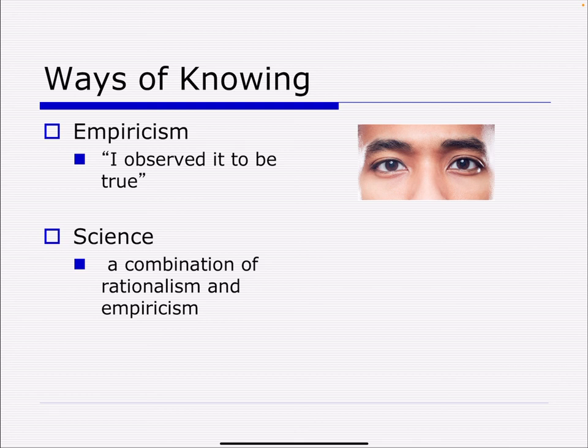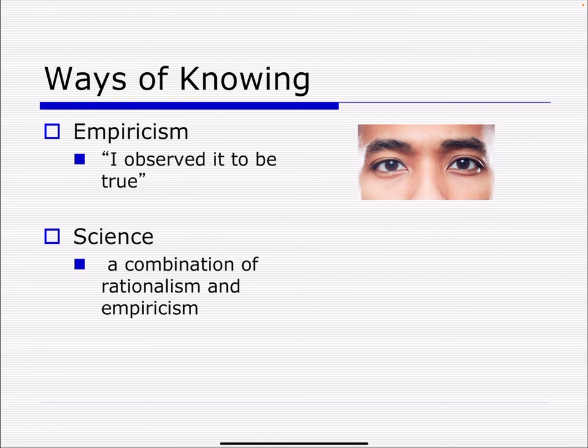Empiricism stands for experiencing it with your 5 senses: sight, hearing, touch, smell, and taste. So if you directly use one of those senses to test something, you know that it's true because you observed it to be true.